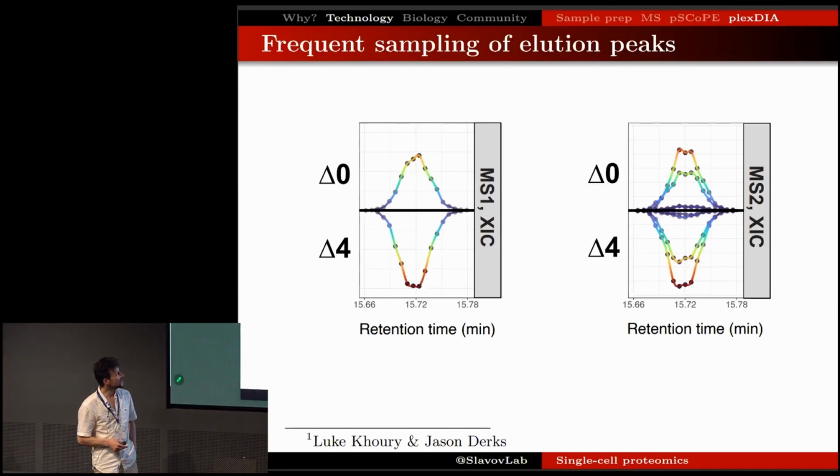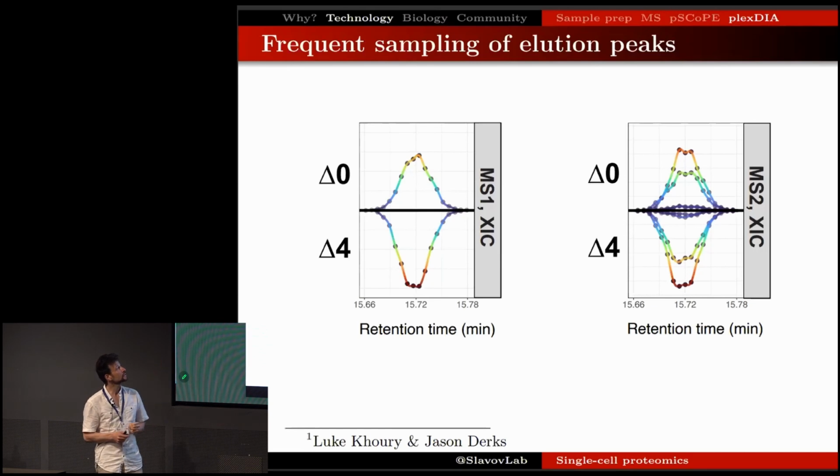What you can see here with this strategy is that because our duty cycle is only 200 milliseconds, even when we have a couple-of-seconds-long elution peak, we can get dozens of samples of both precursors and peptide fragments. And this high frequency of sampling actually gives us more statistical power to associate precursors with the corresponding fragments.